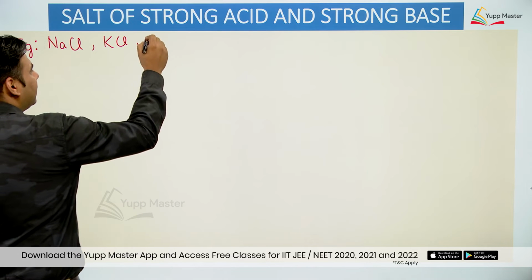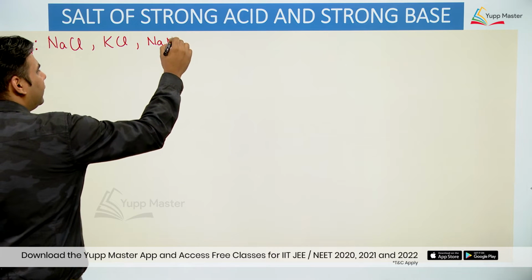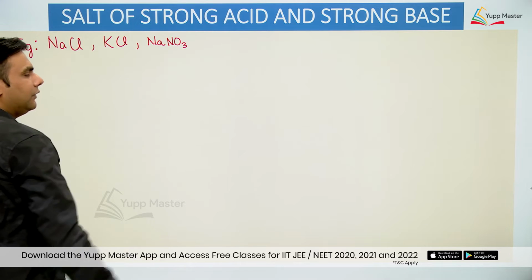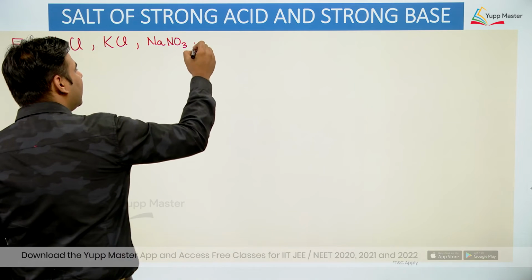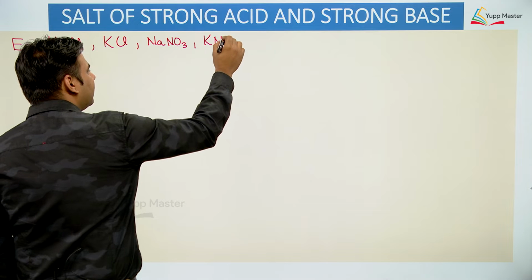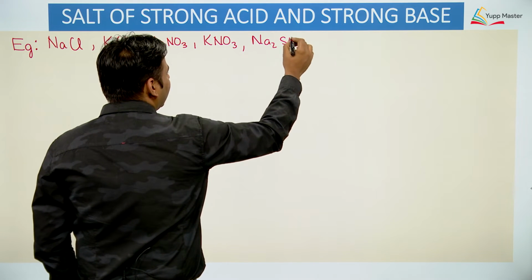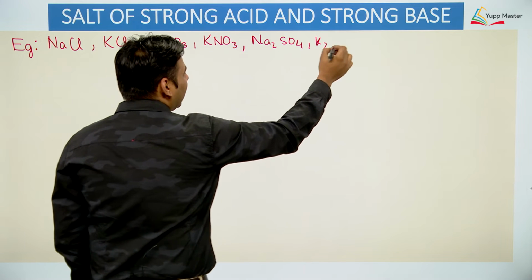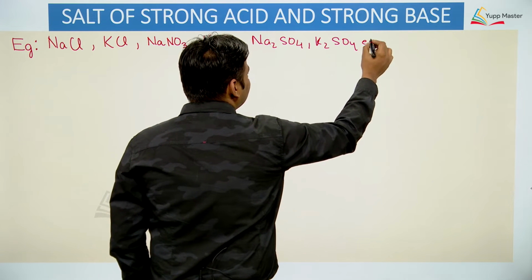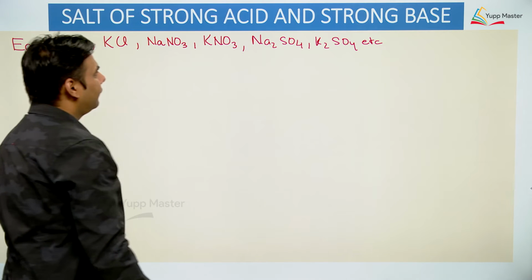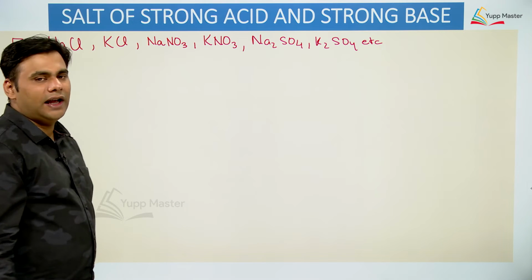Similarly, NaNO3, this is a salt of NaOH, which is a strong base, and HNO3, which is a strong acid. Similarly, KNO3. Similarly, we can take Na2SO4, salt of NaOH, H2SO4, K2SO4, and so on and so forth. Okay. So these are a few examples of salt of strong acid and strong base.